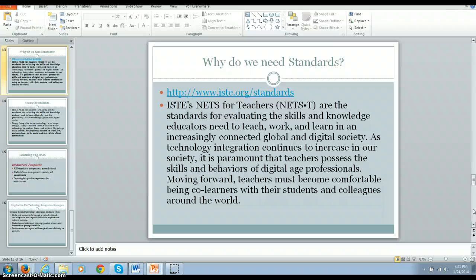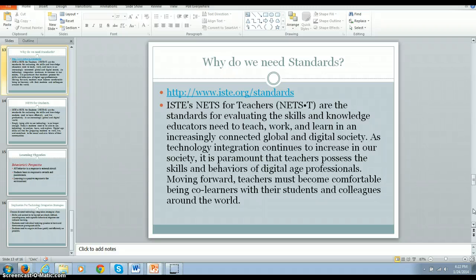So for our standards, the way I understand them, there are so many definitions of standards, not standardization or conforming to the standards, but a measure of quality that we need to know, so that at least we can say, okay, our students are able to do this. We need to have that bar or that measure that we are going to compare our students at, or what we are doing.